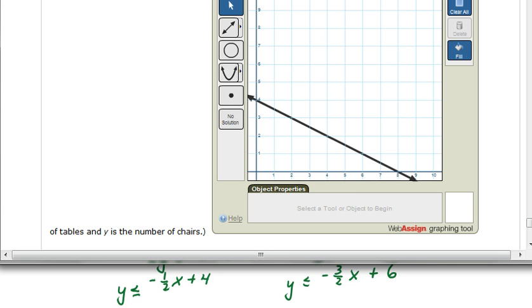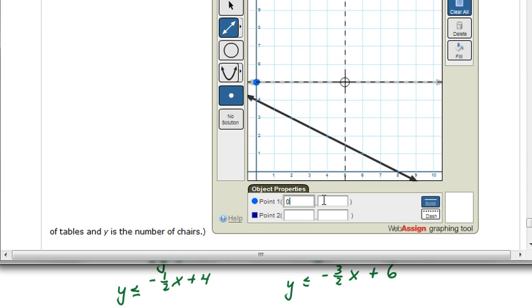In the second situation, again, I'll choose the line tool, and I'll start with the point 0, 6, the y-intercept. And note that if x was equal to 4, y would equal 0.